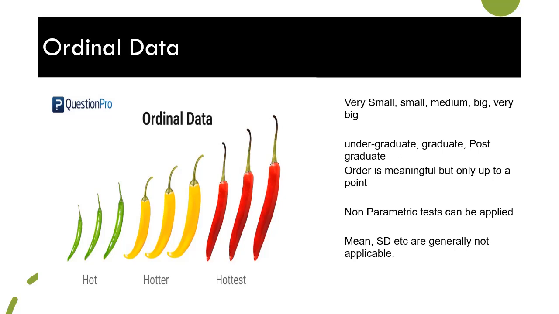We cannot assume that the difference in education level between undergraduate and high school is the same as the difference between a graduate, undergraduate, etc. We can use frequencies, percentages and certain non-parametric statistics with ordinal data. However, means, standard deviations and parametric statistical tests are generally not appropriate to be used with ordinal data.